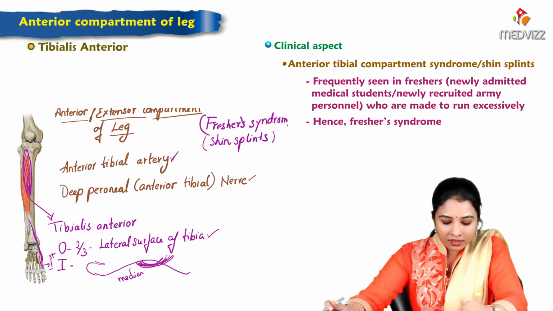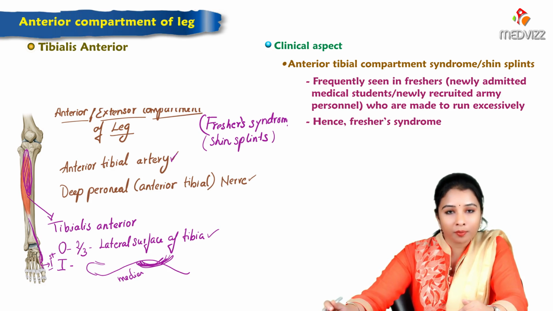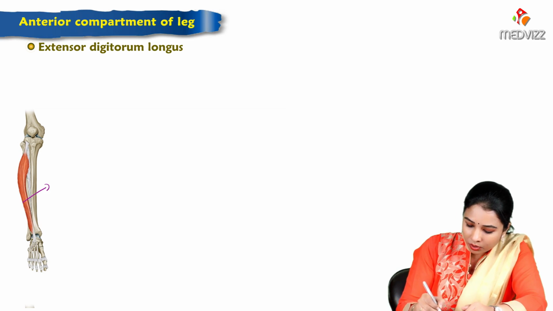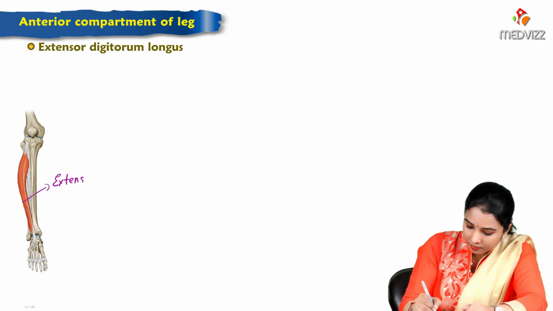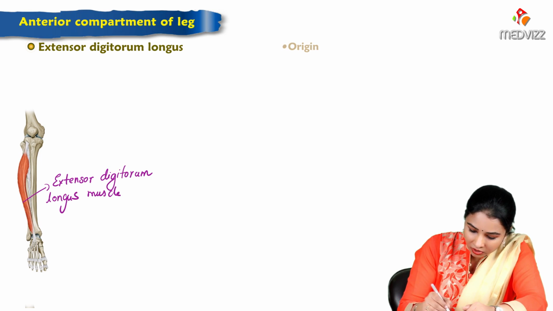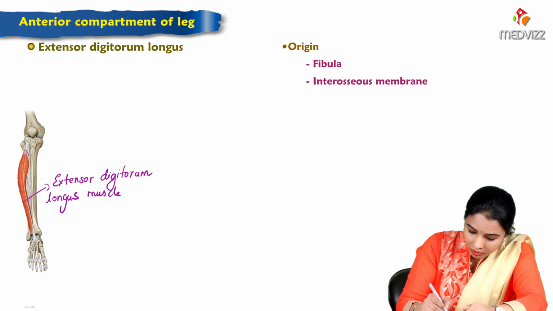The other muscles present in the anterior compartment apart from tibialis anterior is the extensor digitorum muscle. We can see the extensor digitorum muscle. It gets origin from the fibula and also from the interosseous membrane. So that is the origin.